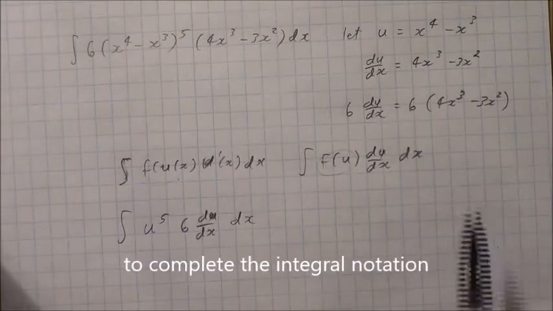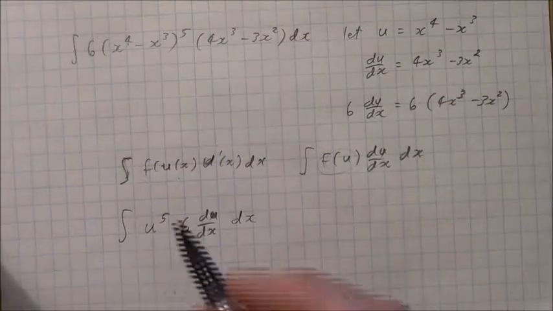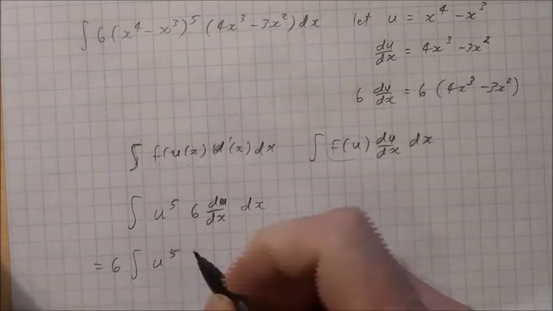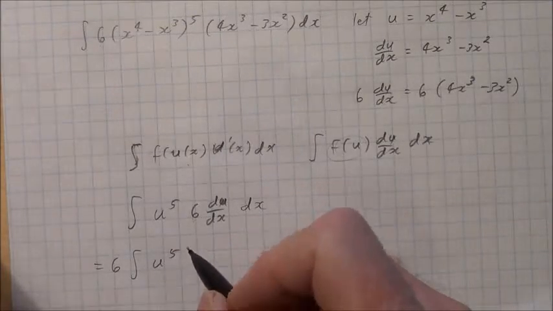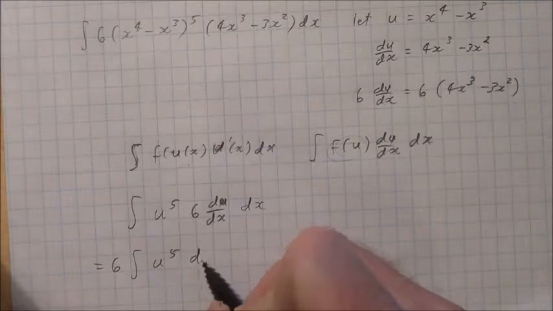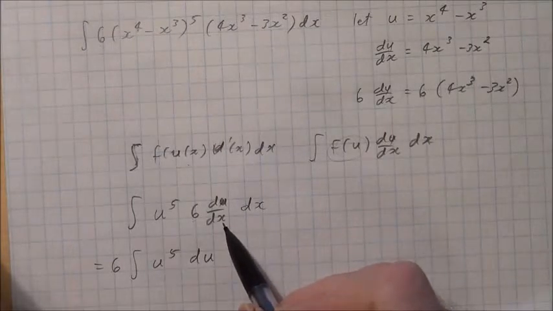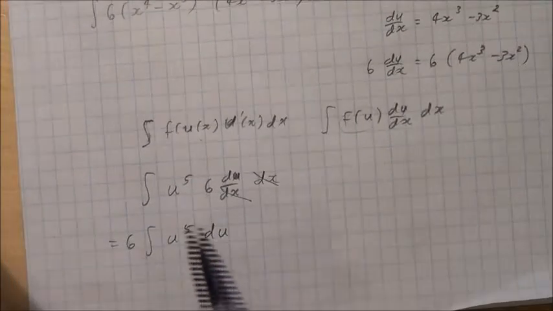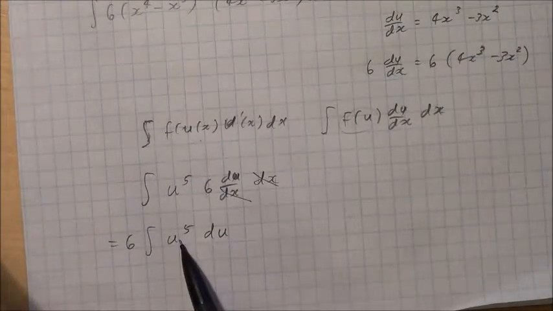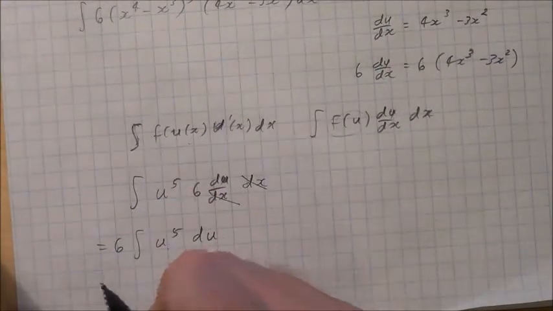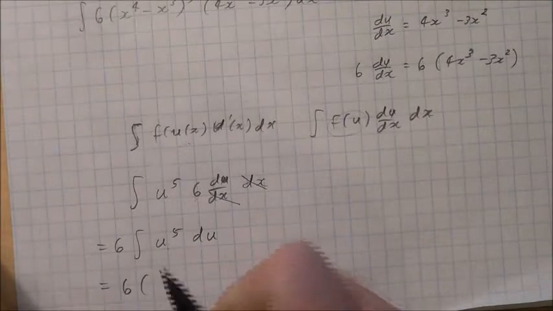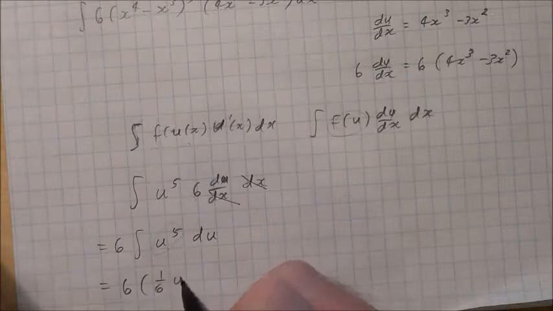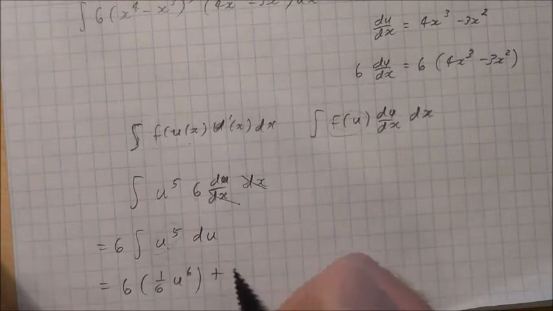Then we can just simplify. I'm going to bring this 6 out to the front: 6 times the integral of u to the power 5 du, because now I've simplified the dx's as well. So now it's just a matter of integrating u to the power 5. That's 6 multiplied by the antiderivative, which is 1 over 6 u to the 6 plus c.